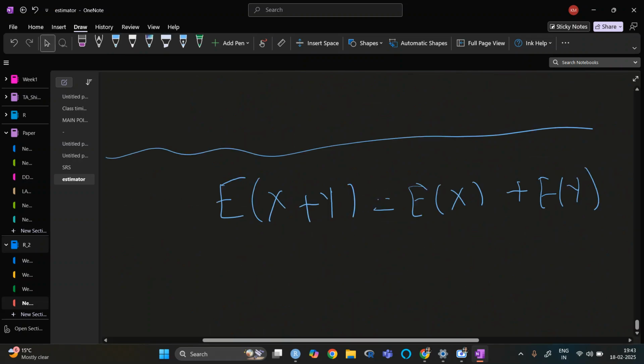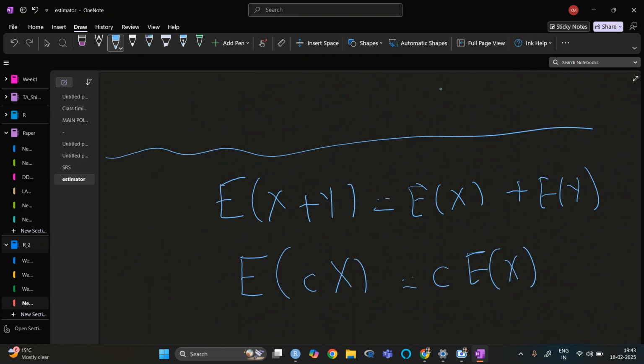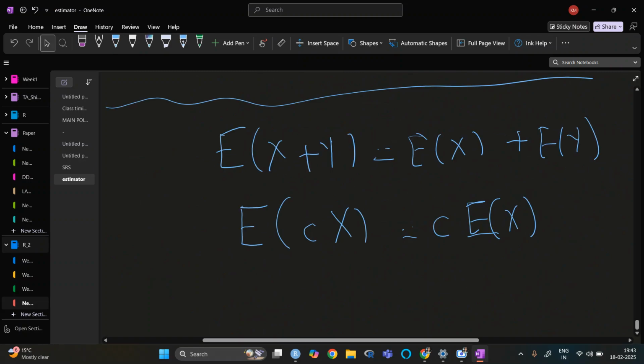Also, the expectation of Cx is C times the expectation of x, where C is a constant.